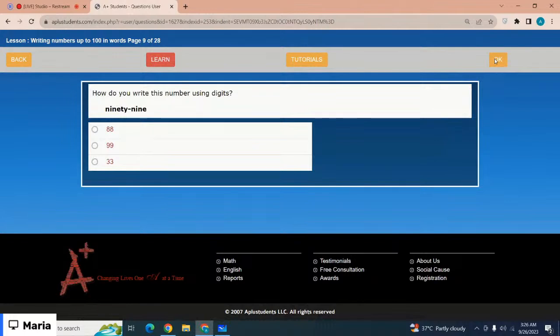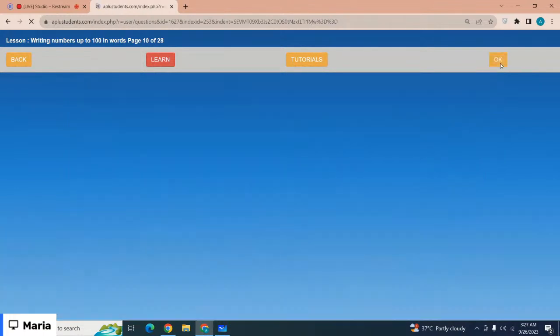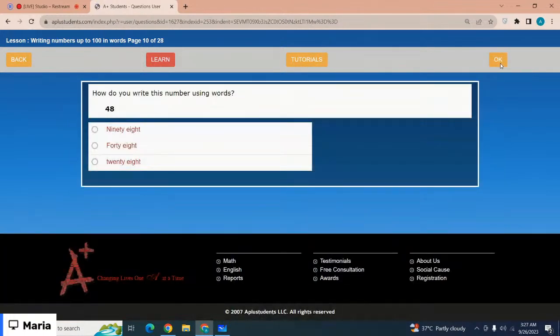How do you write this number using digits? 99, which is the correct option? The correct option is option number 2. How do you write this number using words?